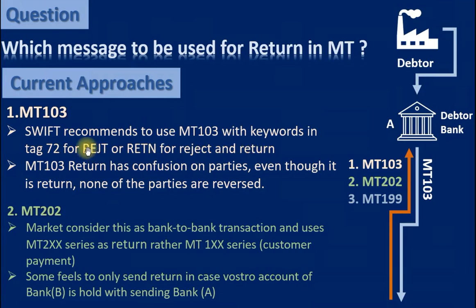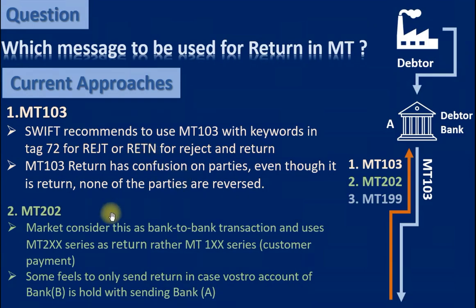So basically when this keyword is present, Swift considers it a return flow or reject flow. Another important part is that there is always a confusion around the parties. Although Swift recommends that the parties are not required to be changed in the return message using these keywords, sometimes the industry keeps changing them, and that is the confusion in general.